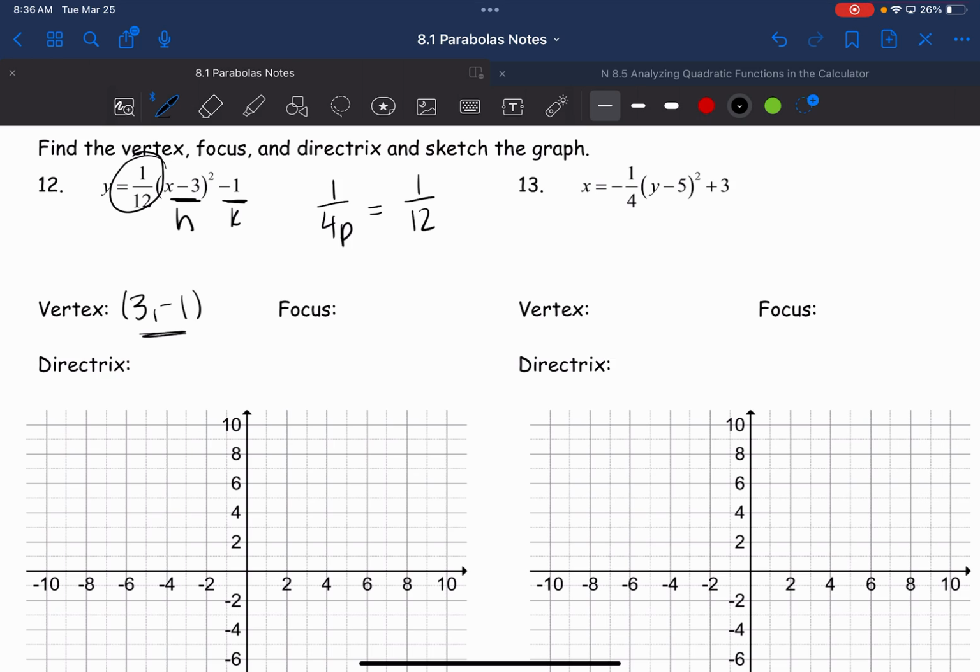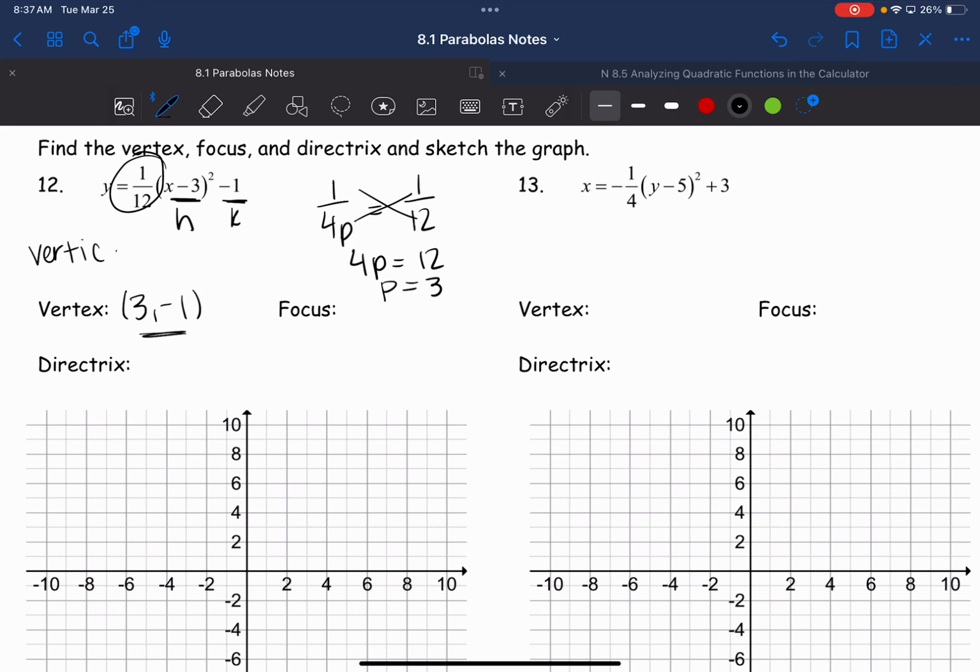I'm just trying to figure out what p is, because remember on the front page we said p was the distance between the vertex and the focus and the vertex and the directrix. So here you could just cross multiply with what we have set up here. So I'd have 4p equals 12, so p must be 3, right?